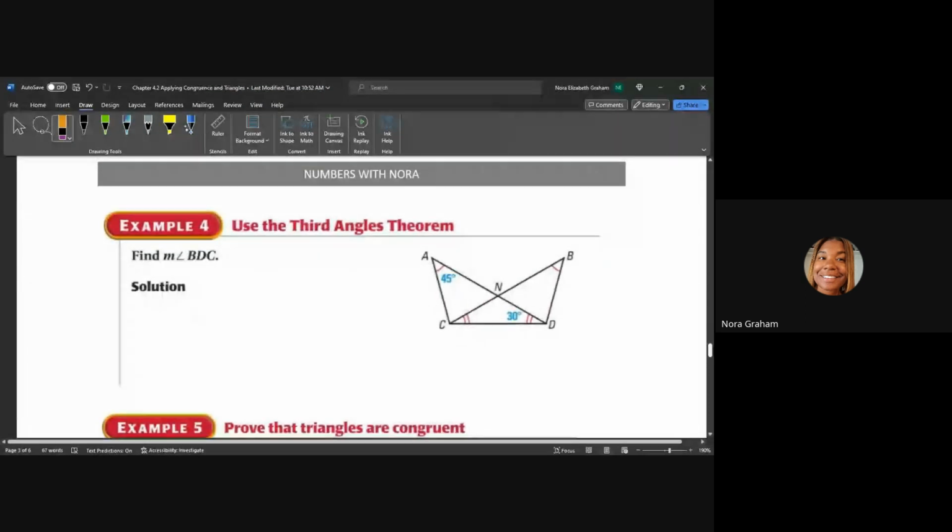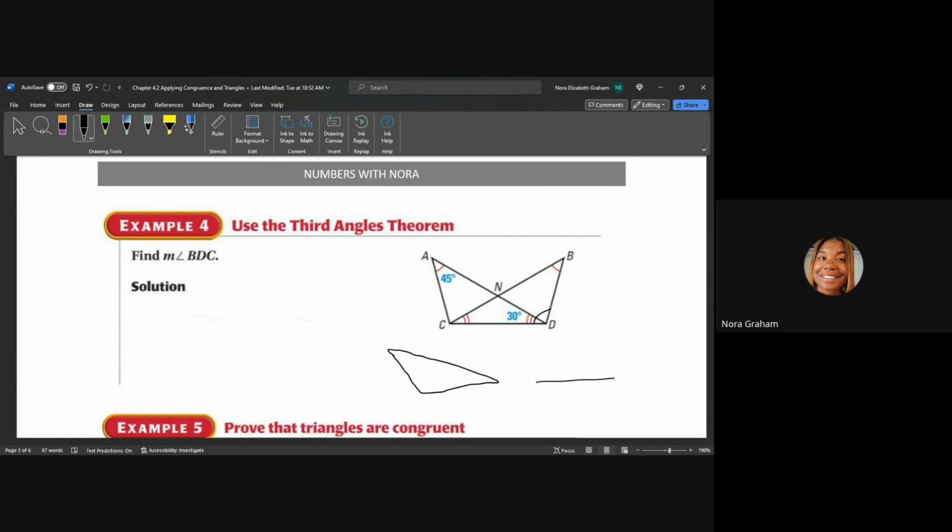All right, so let's do two more examples. For this one, find the measure of BDC. So BDC, finding this whole one. I always think it's better when you pull these apart and see what they look like when they're pulled apart.